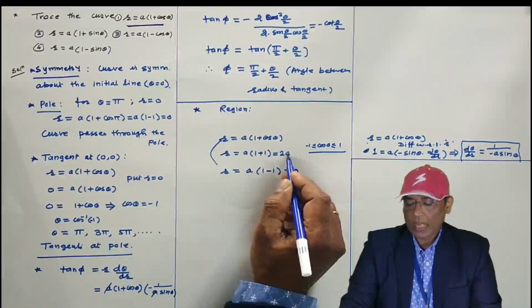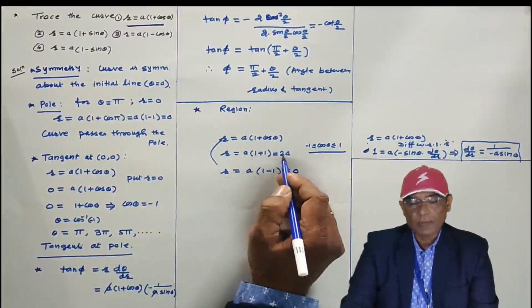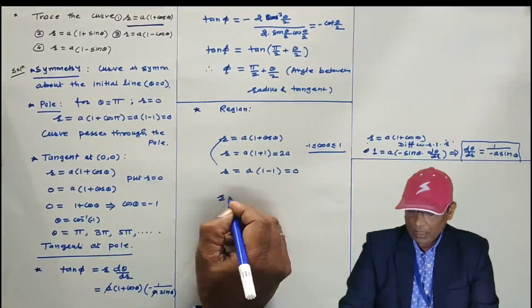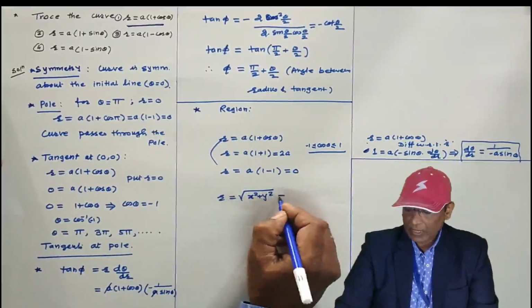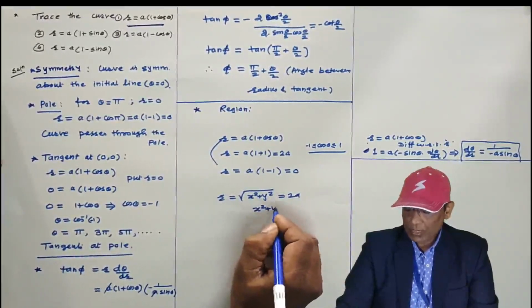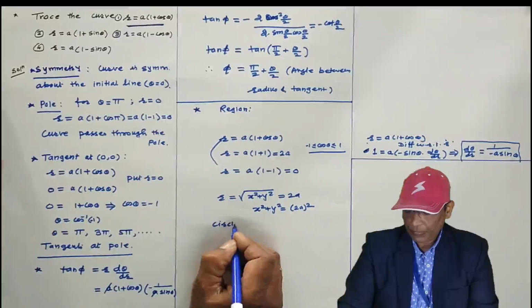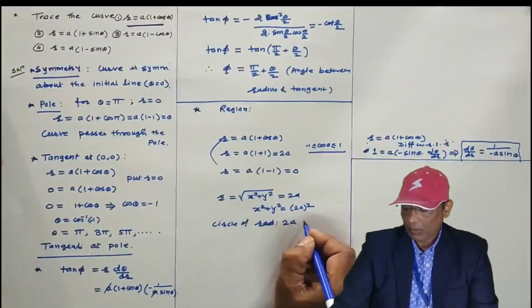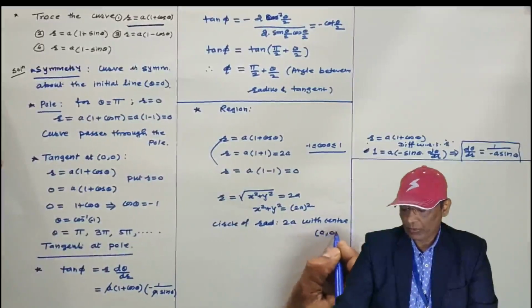Means r = 0 and r = 2a. r = 0 occurs at the pole, because at the pole r is 0, and r = 2a means it is a circle of radius 2a. Since r is the square root of x square plus y square, and it is equal to 2a, x square plus y square is 4a square, which is the circle of radius 2a with center 0, 0 in the Cartesian frame.